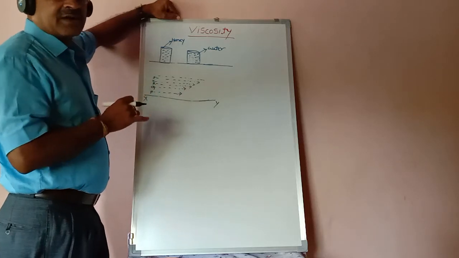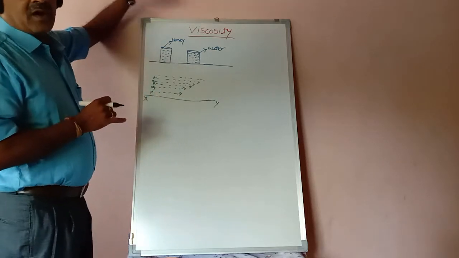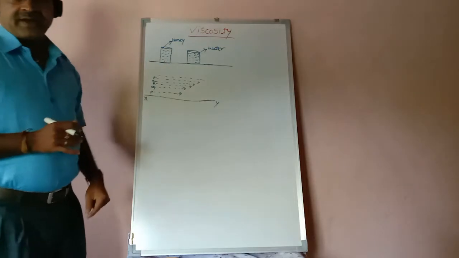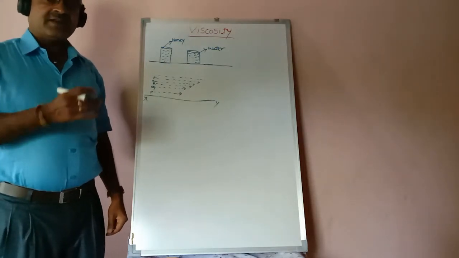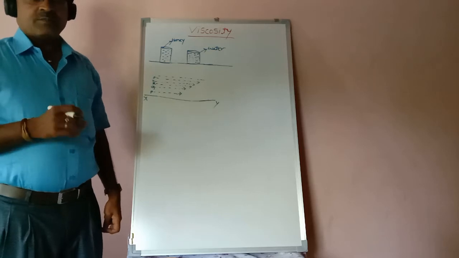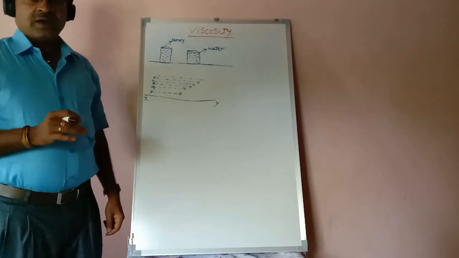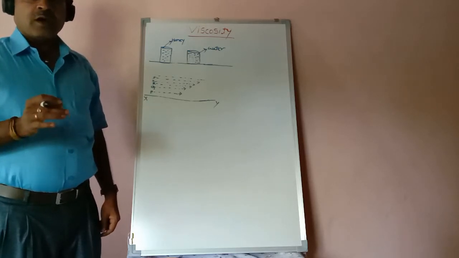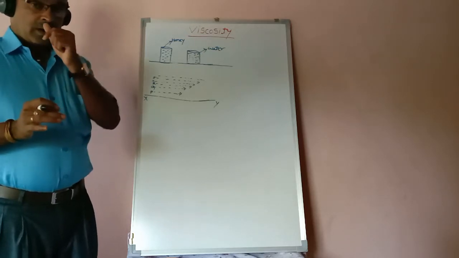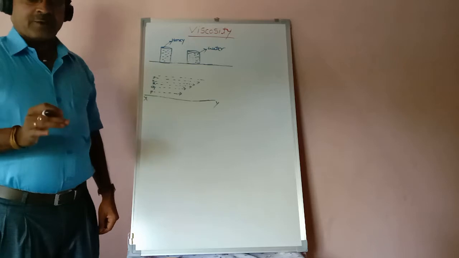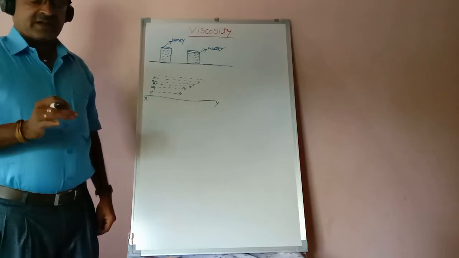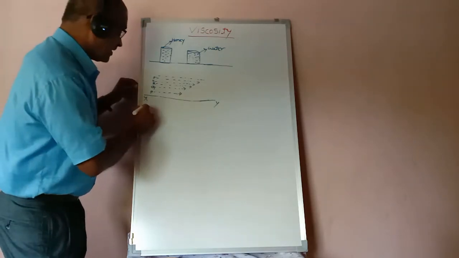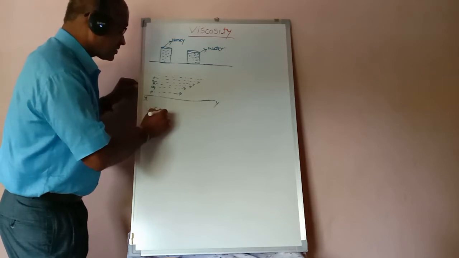Such a property is called viscosity. In other words, according to the definition, viscosity is the property of a liquid by virtue of which it opposes the relative motion of its adjacent layers.